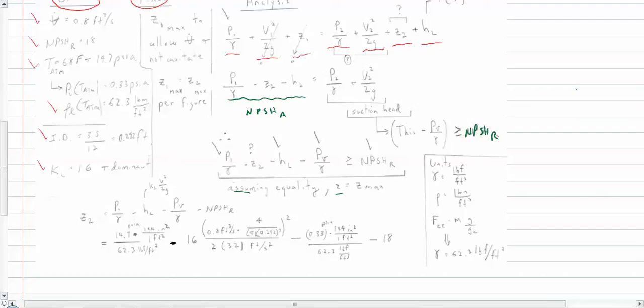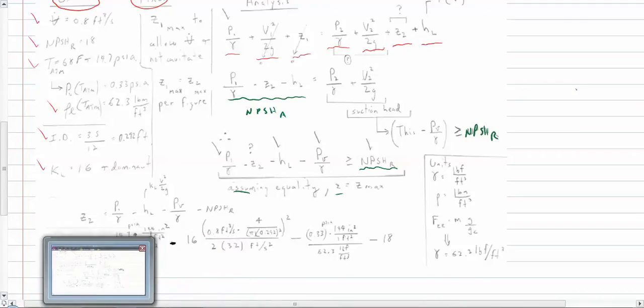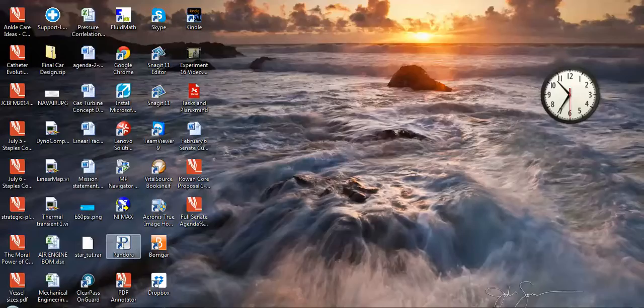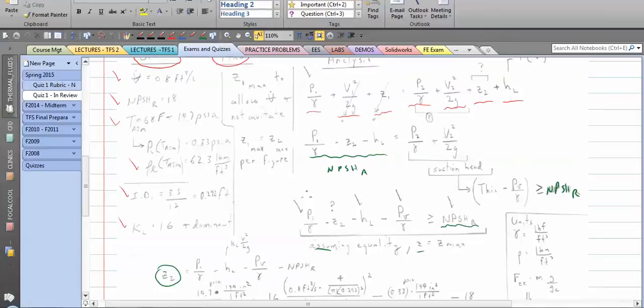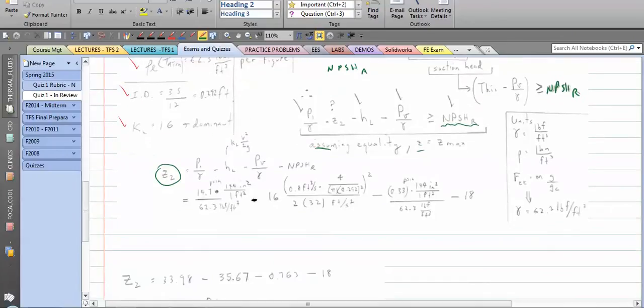Now, because we've been given the net positive suction head required, we can substitute a numeric value for NPSHR and simplify so that we can solve for Z2. The substitution of all the givens takes place next, and we're just methodical about it. It's a plug and chug situation.